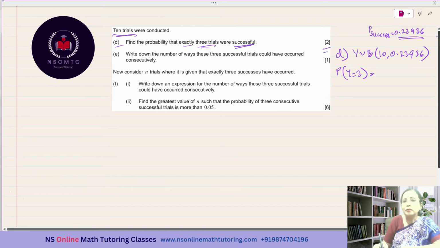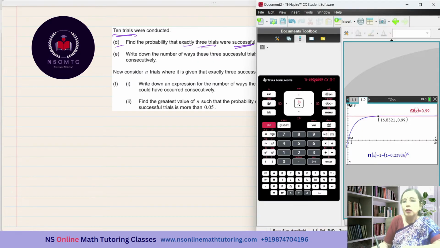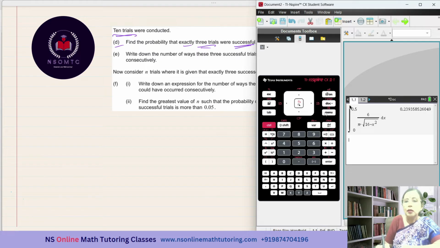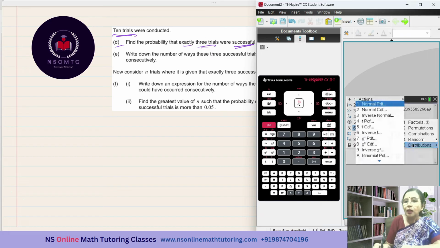Okay, fine. We'll be using the calculator, of course. So we go to the probability and then distribution, and then we have to use the binomial, with Y equals 3. You can use the binomial PDF or you can use the binomial CDF.